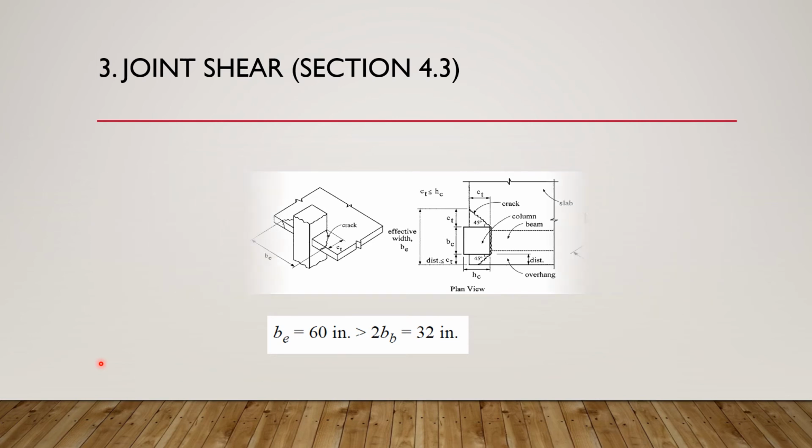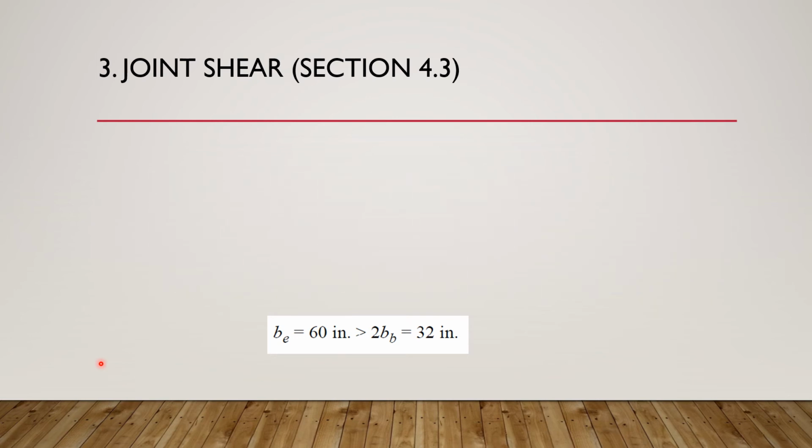So to find this effective area, we have the slab participation under negative bending, that are these taut fibers in tension.